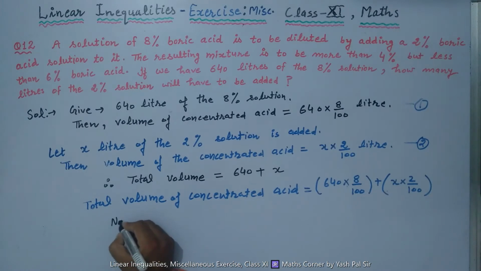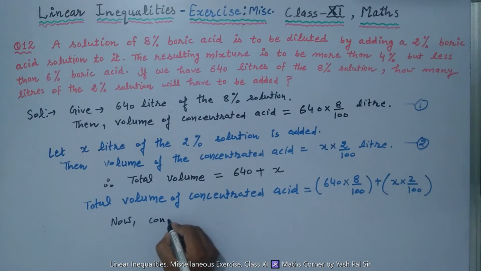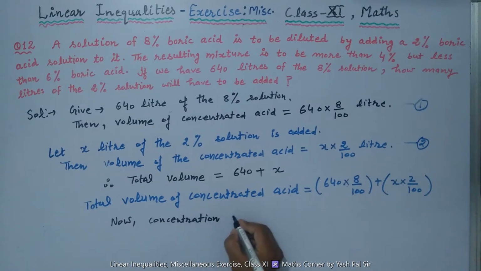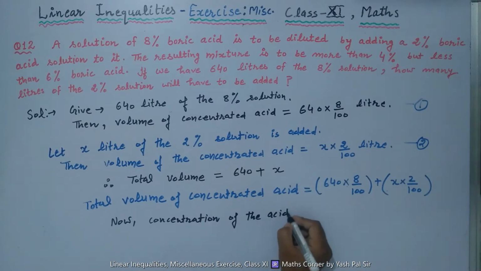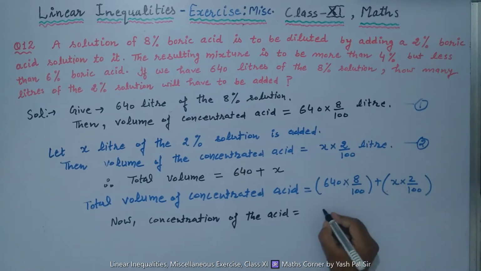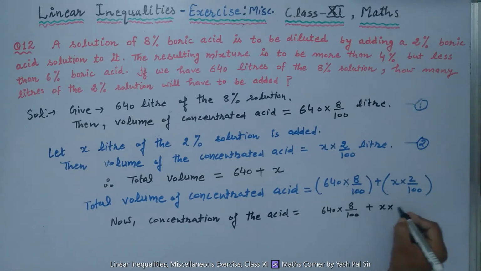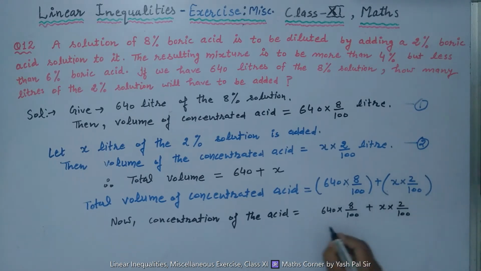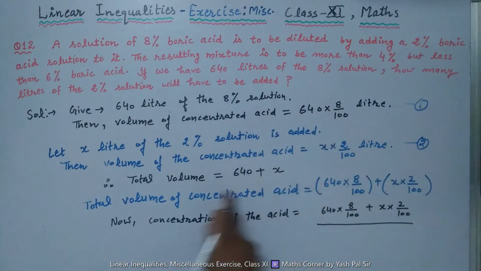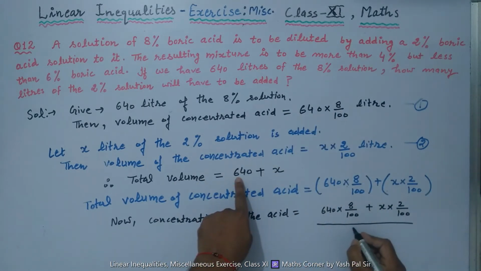Now concentration of the acid is equal to this whole, 640 into 8 upon 100 plus x into 2 upon 100, whole divided by the total volume, which is 640 plus x.